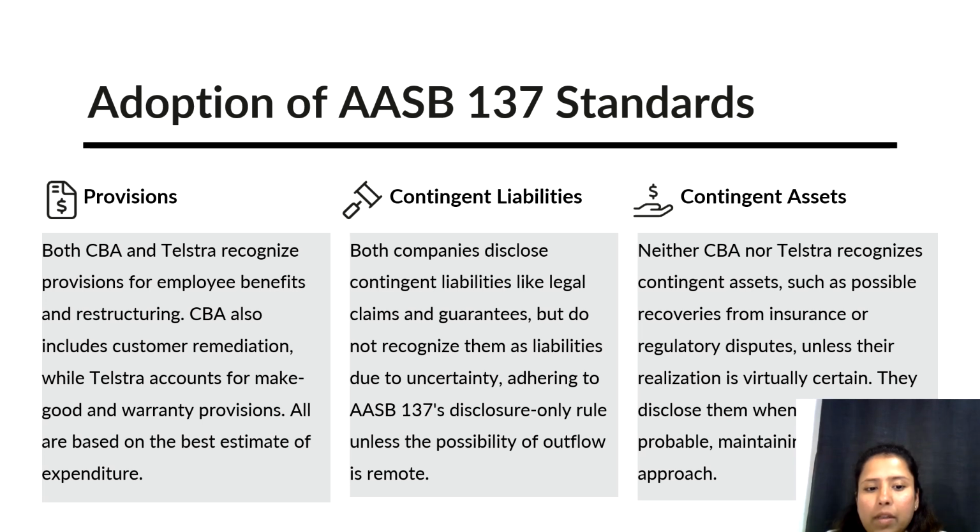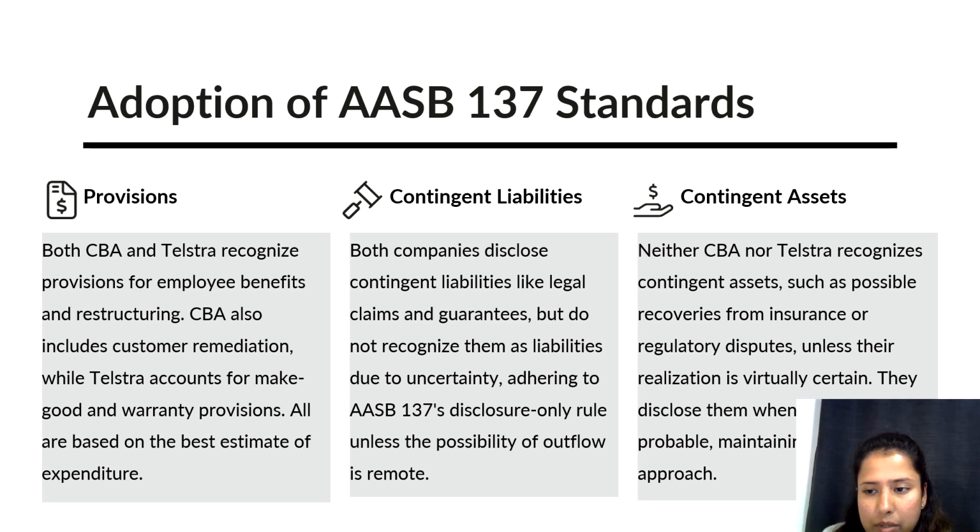Neither of the companies, Commonwealth Bank or Telstra, recognizes contingent assets, such as possible recoveries from insurance or even regulatory disputes, unless the realization is virtually certain. They disclose them when the inflow is probable, maintaining a conservative approach.